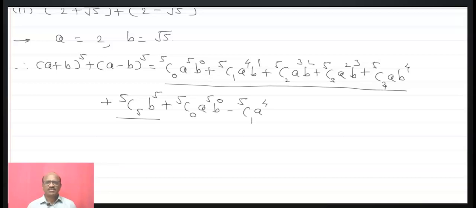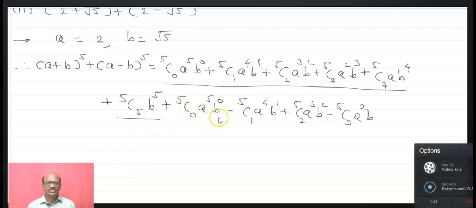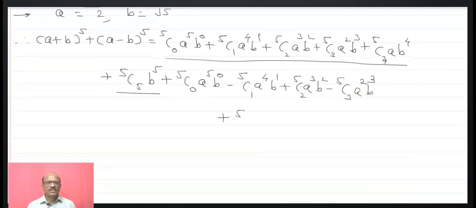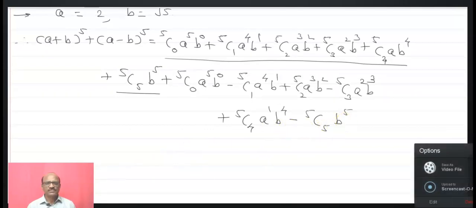And now next, a plus sign is there, and alternately you will get plus minus plus minus. That is 5C0 a raised to 5 b raised to 0, 5C1 a raised to 4 b raised to 1, 5C2 a raised to 3 b square, minus sign 5C3 a raised to 2 b raised to 3, plus 5C4 a raised to 1 b raised to 4, and next 5C5 b raised to 5 is there.